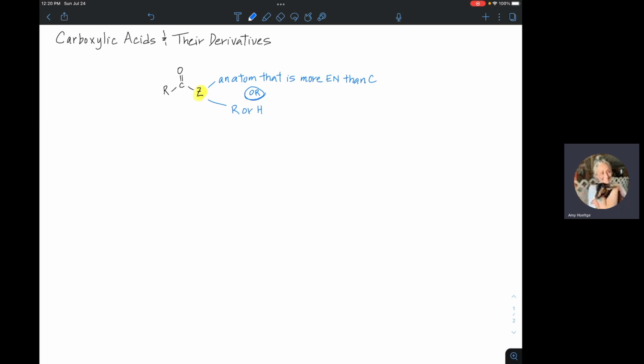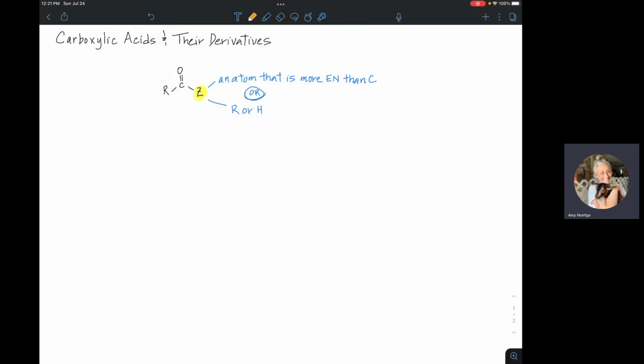In the case of an aldehyde, we'd have a hydrogen there. In the case of a ketone, it would be just another R group, or a group that's different from the other R. It doesn't have to be a symmetrical ketone, but essentially we're dealing with a molecule where either that atom is going to be a nitrogen or an oxygen, or a sulfur or something. Well, we'll stick to nitrogen and oxygen, or it's going to be R or a hydrogen. So that will be where we're headed.